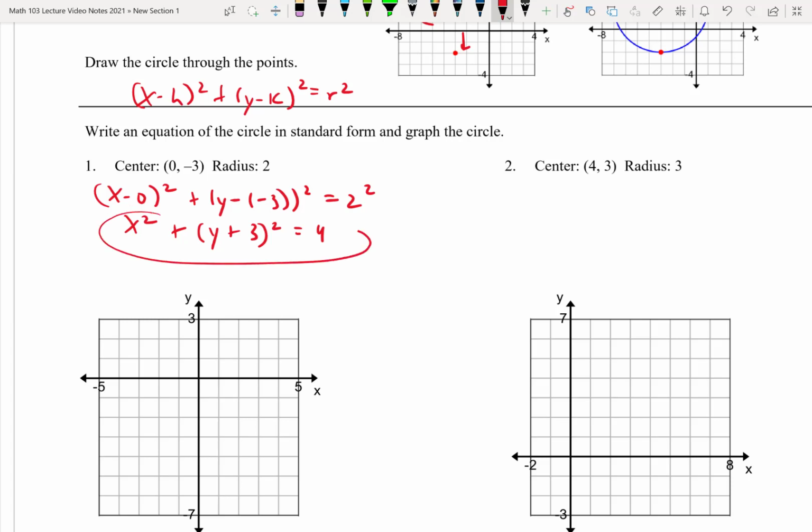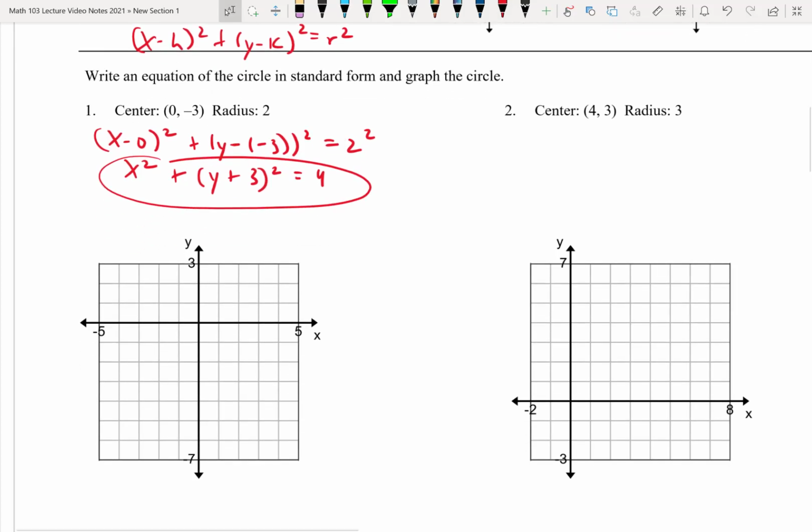So that's the equation. And then to graph it, we are going to put an open circle at the center, so it's (0, -3). And then we're going to go 2 units in every direction. So go 2 units up, 2 units to the right, 2 units down, 2 units to the left, and then draw the circle through those points.